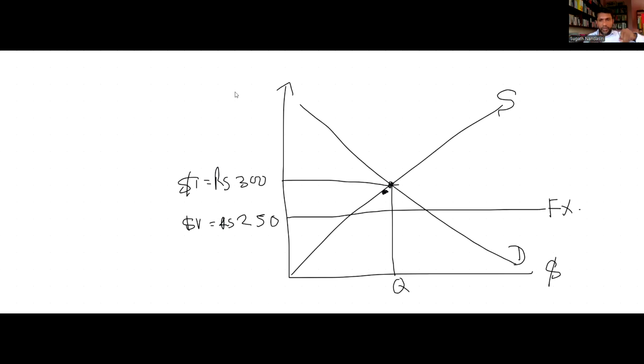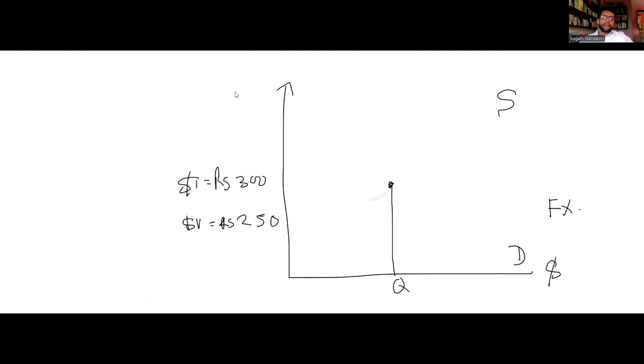Especially, look, just take down, explain the difference between devaluation and depreciation of foreign currency exchange rate. Right.